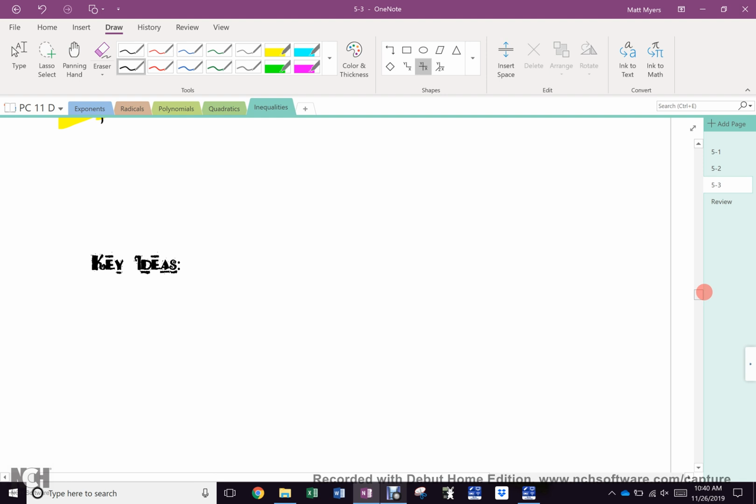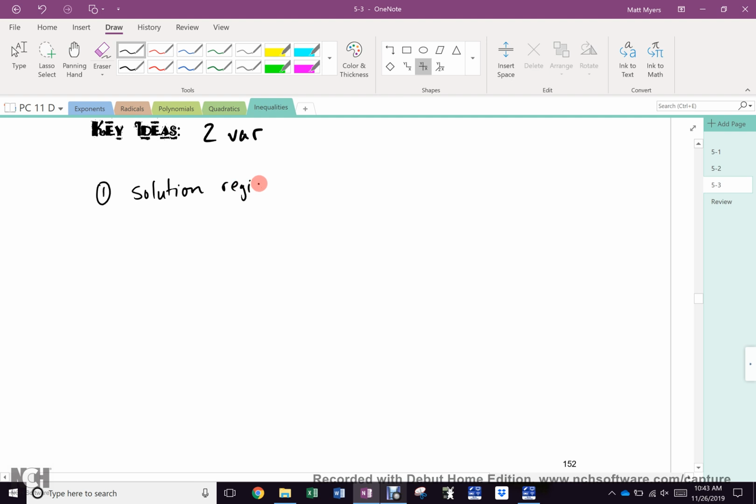All right, what are our key points now that we're on 2 variables? Are all of our other key points still solution region? Or wait. Two regions. 1, 2.